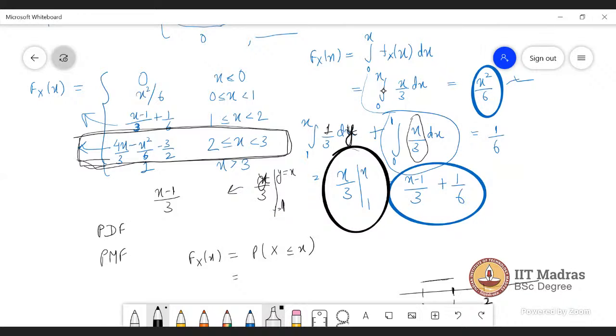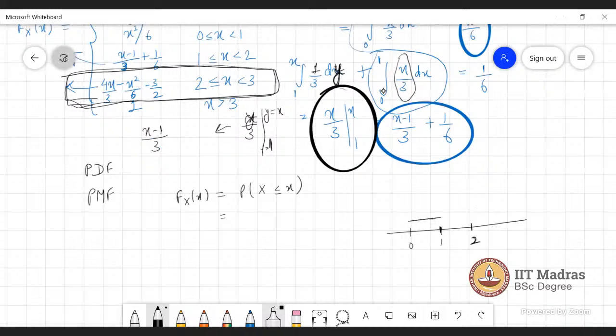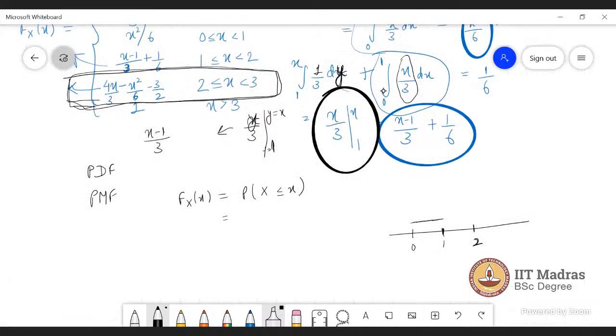Now this is for x lying between 1 to 2. But what about x lying between 0 to 1? That probability we will have to add.